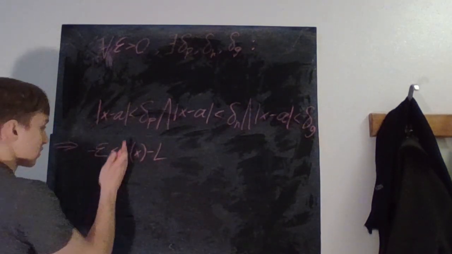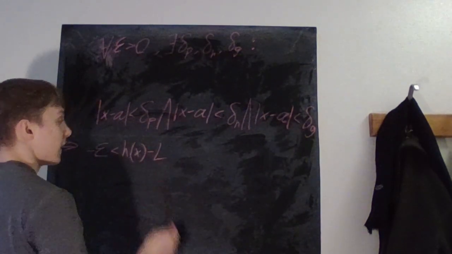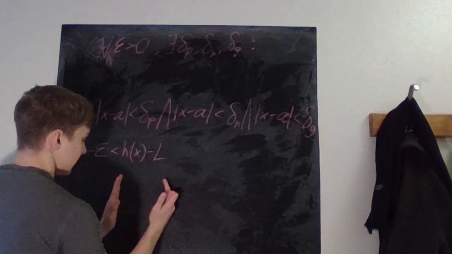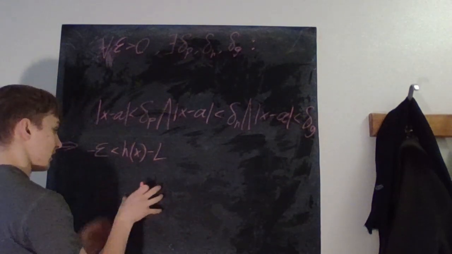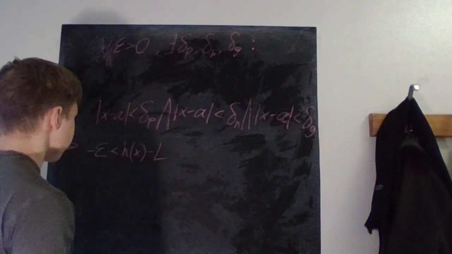Because the absolute value of this is less than epsilon, then the thing inside is greater than the negative epsilon.